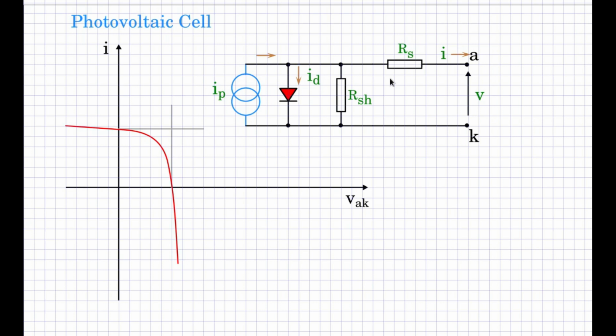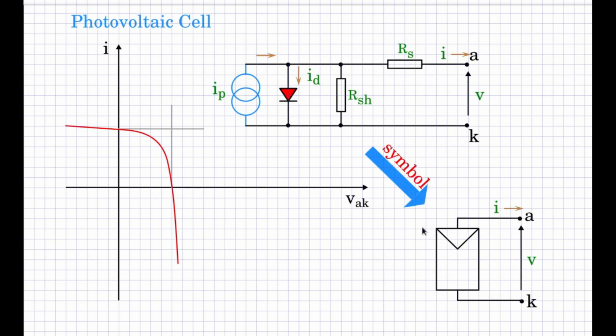With minor redrawing and relocation of the components, this forms the equivalent circuit model of a photovoltaic cell. This has a symbol which looks like this. This envelope-like symbol is the symbol of a photovoltaic cell. It represents either a photovoltaic cell or a photovoltaic module.